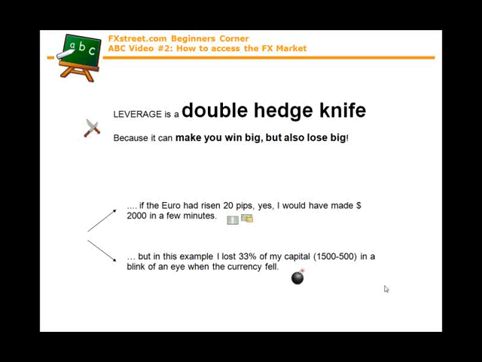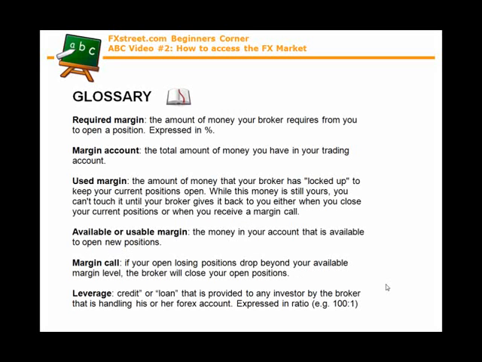But in this example, I lost 33% of my capital, meaning 1,500 less 500 in a blink of an eye when the currency fell just 2 pips. Okay? In here, you have a small summary of all the concepts we have been using till now.